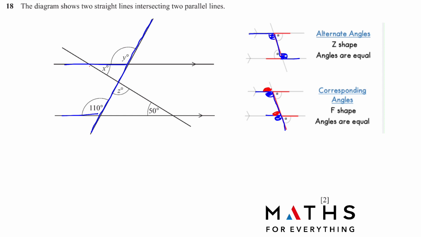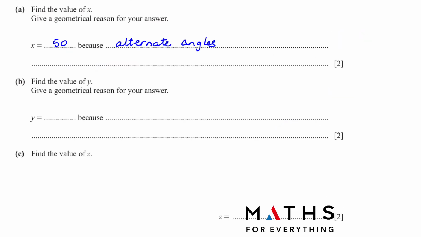They are still called corresponding angles and they are equal. So above the F shape also is corresponding angles. So y is equal to 110 because they are corresponding angles. You usually get questions on angles, you should know them well.